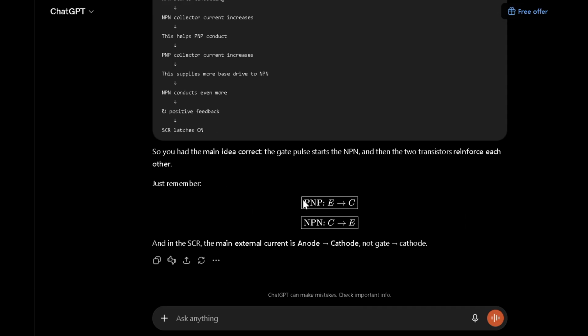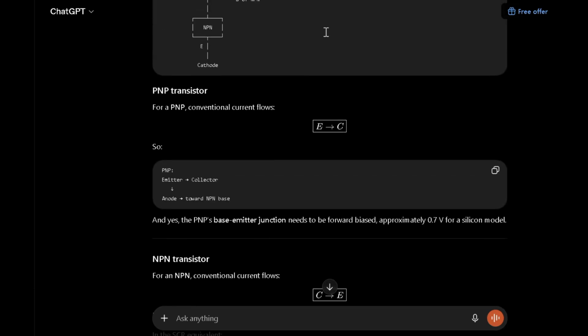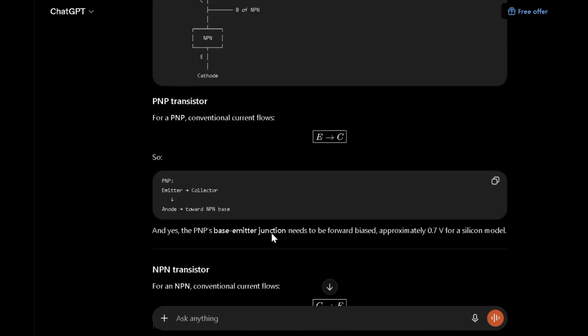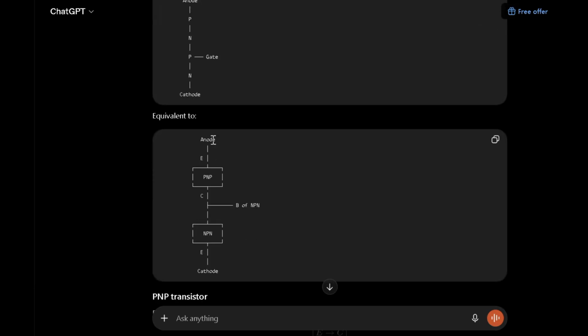Here I don't understand why the anode is connected toward the NPN base. The anode is connected toward the NPN base, not directly connected to it. Here current flows from collector to emitter, and here is the base of the NPN. Anode means the positive is connected to this side.